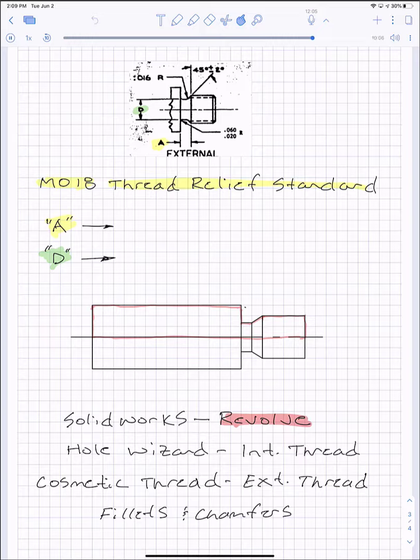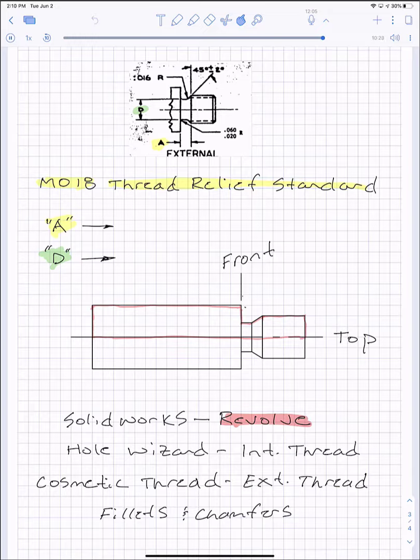While we're sitting on this, let's talk about our planes. I want to define where our planes are. I think it makes sense to define this line here, or this edge here, as the front plane, right there where this thing is going to interface with the thing it threads into. So that'll be the front plane. We'll call this the top plane, going right through the middle part.